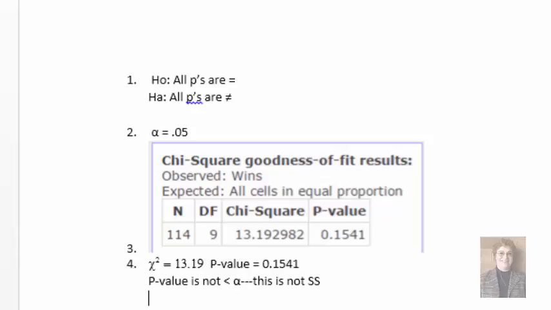So step 5 is going to be reject H0. Fail to reject H0, sorry.